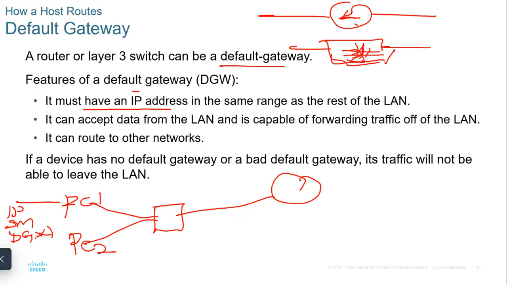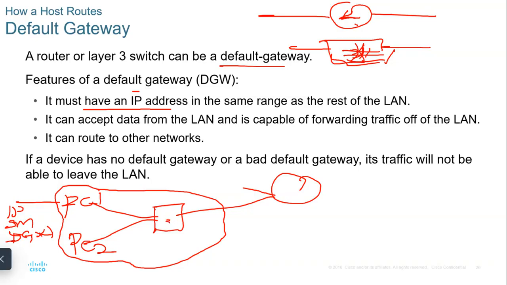The default gateway that you assign should be the IP address assigned here, and it will apply to both of these. All the devices, even this switch inclusive, if you decided to put an IP address on this switch.